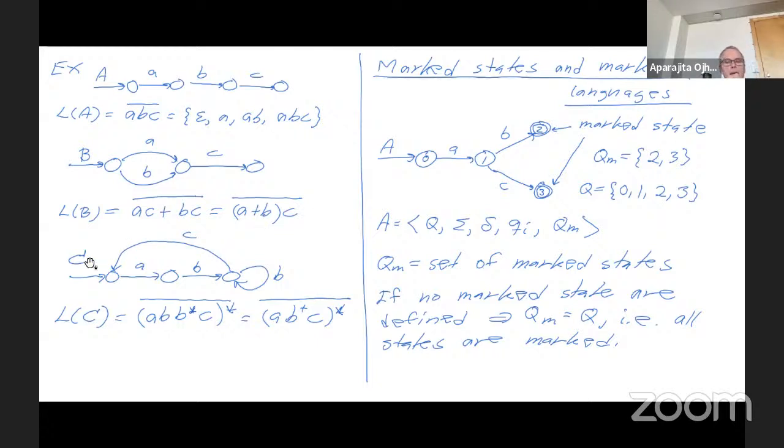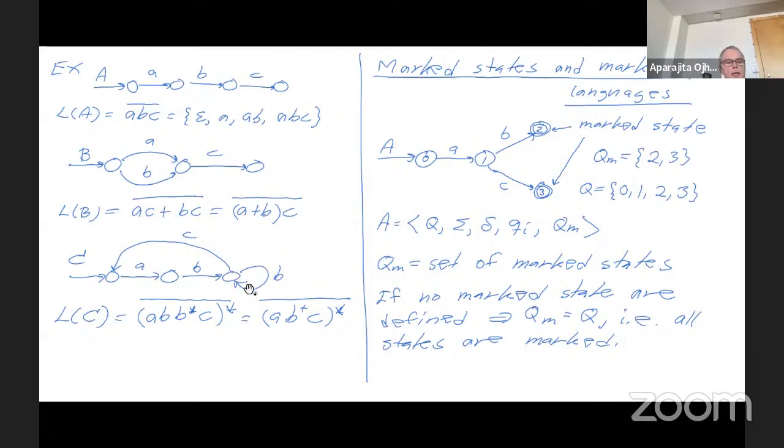Now comes something more interesting, namely that we have also a loop here. So this automaton, what kind of language does it have? Well, you see that you can generate first an A, a B, then you can repeat B a couple of times.